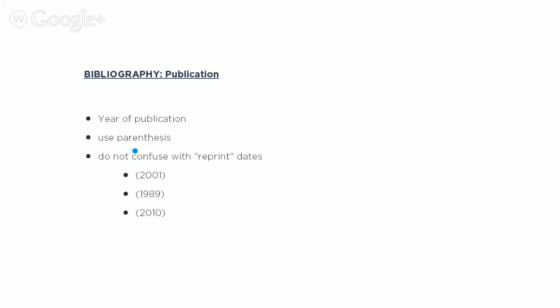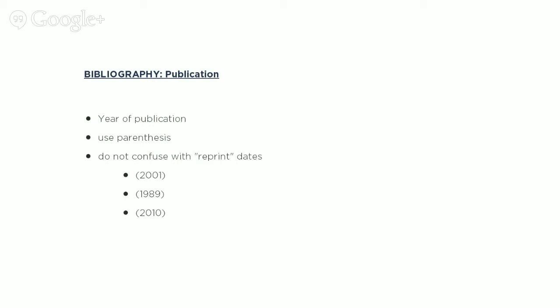And we don't want to confuse this with the reprint date. You'll find many times that a book becomes popular. So let's say that on the publication date, they issued 200,000 copies. Say it became so popular that they did a reprint of that book. They didn't modify anything, they just reprinted it.